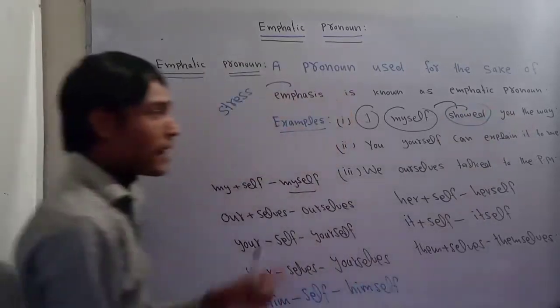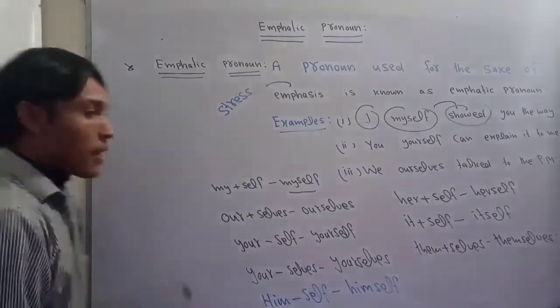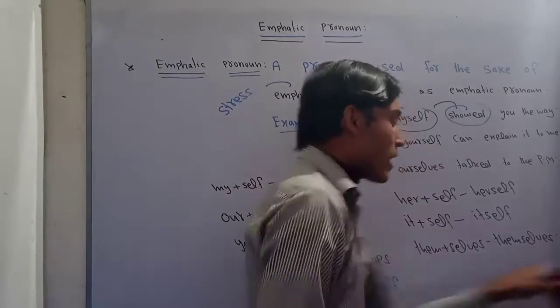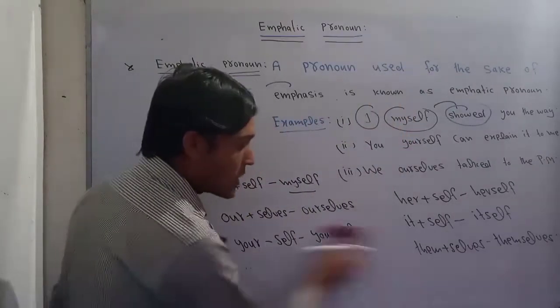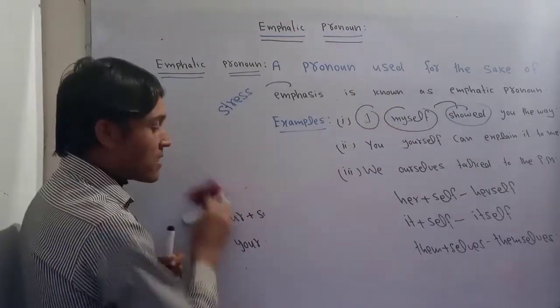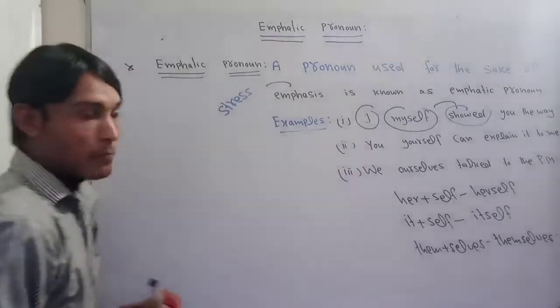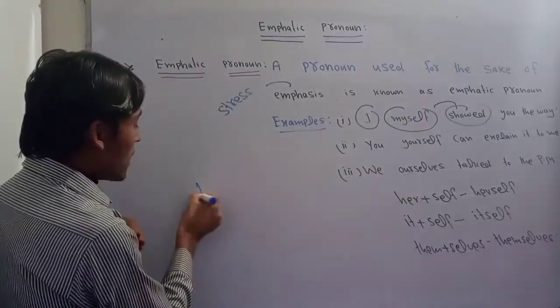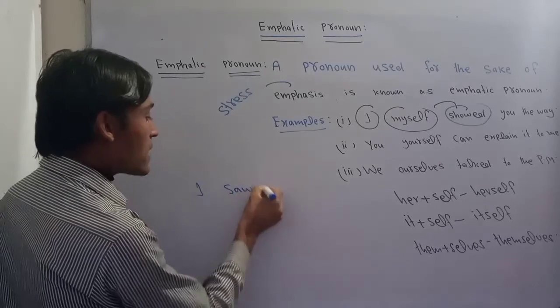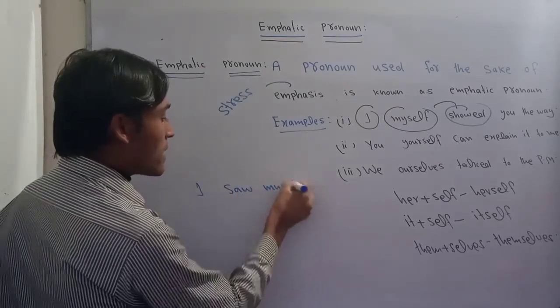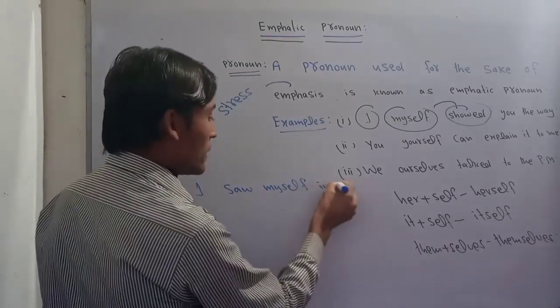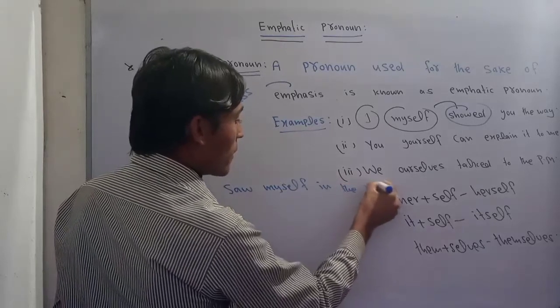But if I want to say both of the sentences here, how will I know whether it is an emphatic pronoun or a reflexive pronoun? For example, look here. I say I saw myself in the mirror.